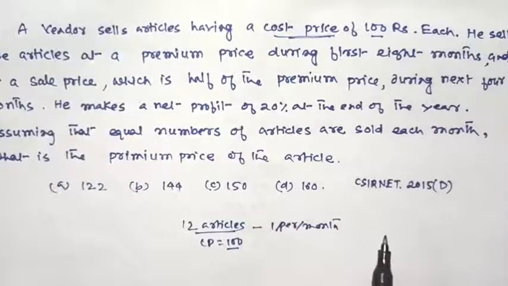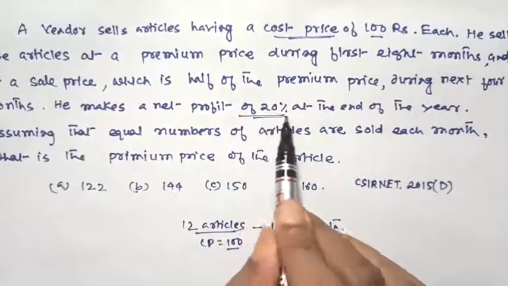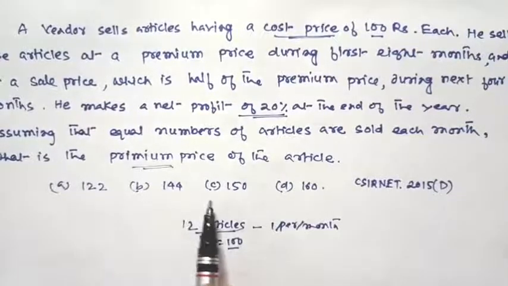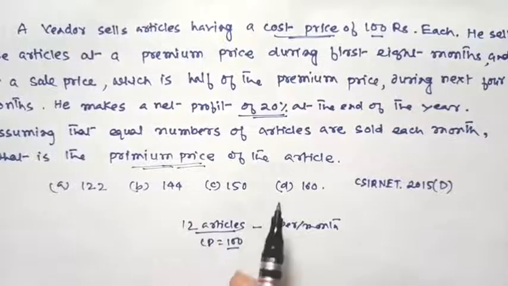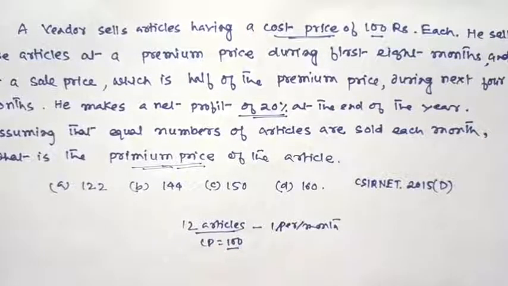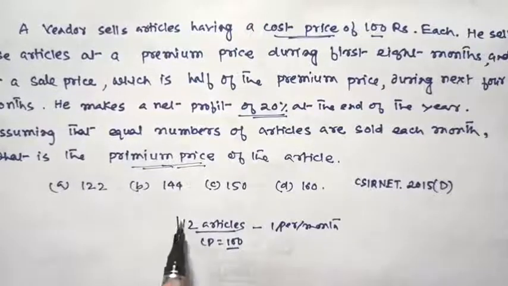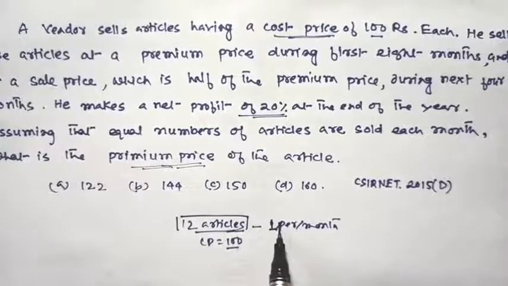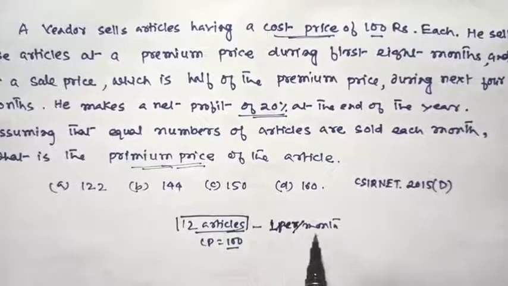So at the end of the year he gets 20% profit. So what is the premium price of the article? So 4 options are given. In the question it is given that 12 articles are sold by the vendor, one per month.